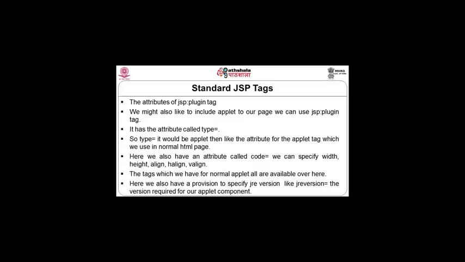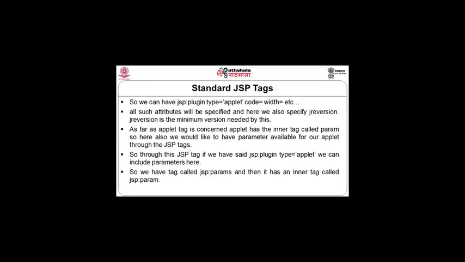So, we have JSP colon plugin, type equal to applet, code equal to, width equal to, height equal to, all such attributes can be specified, and we also specify JRE version. The JRE version is the minimum version which is needed by this particular applet, fine. So, you can say JRE version equal to maybe 1.6 or 1.7, whatever is the minimum requirement, fine, which JRE version is our applet being compiled on, right. So, that can be specified.